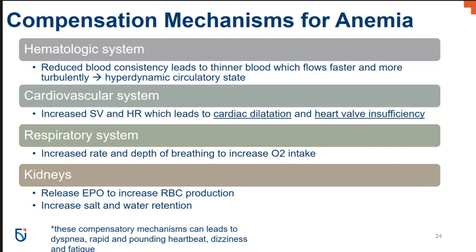With the respiratory system, in order to increase the amount of oxygen available to the body, there'll be an increase in the rate and depth of breathing. The kidneys, we know, play a role in the release of erythropoietin to increase red blood cell production, but when the kidneys identify that maybe blood volume overall has gone down because we've lost some of these formed elements, they will be stimulated to reabsorb sodium and water in order to bring up our blood volume and therefore our blood pressure.